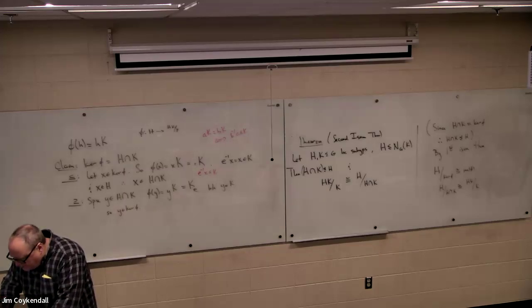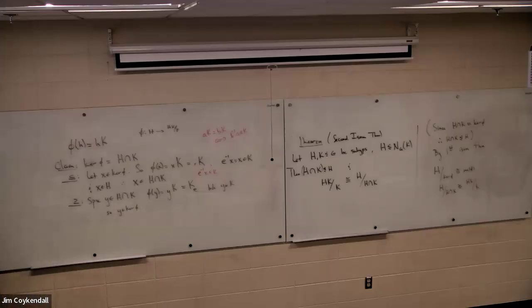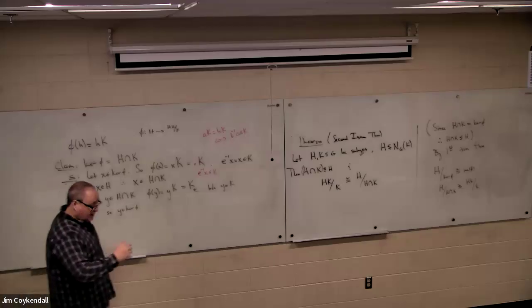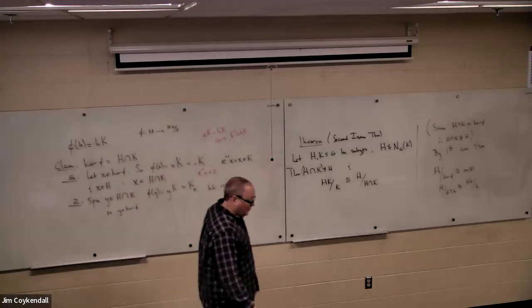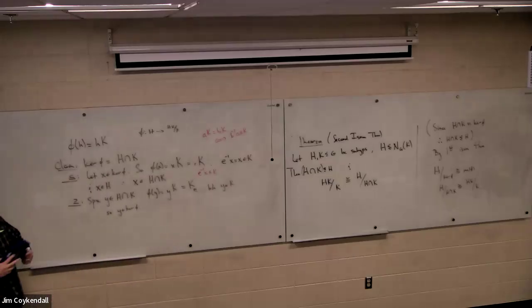So this next theorem is actually kind of another important piece here. And once again, we'll be using the first isomorphism theorem pretty heavily on this. This is another shocker, the third isomorphism theorem.